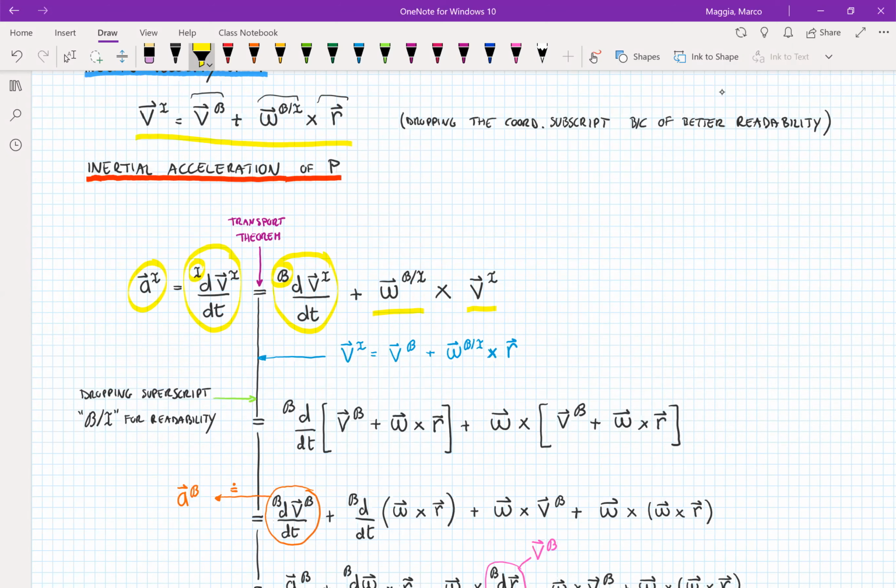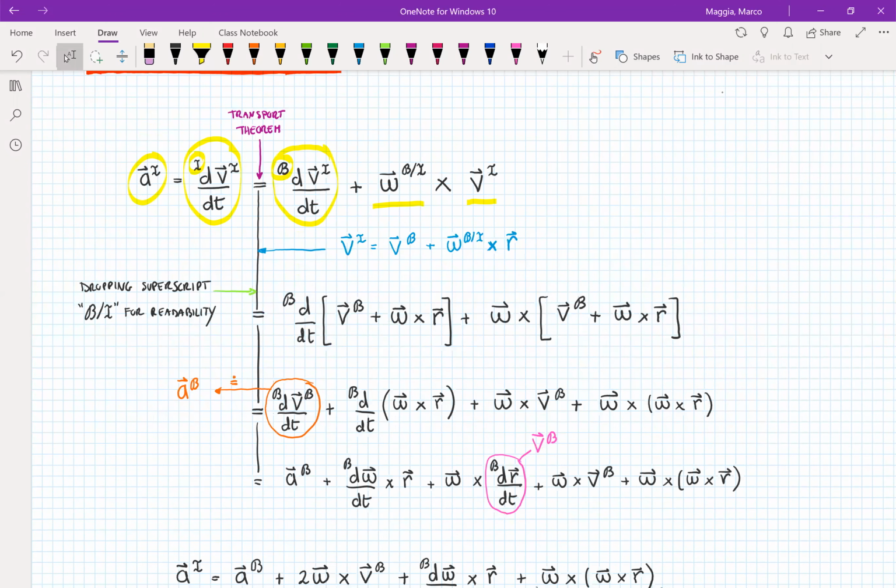Now in the next step, I'm going to substitute the expression for the inertial velocity vector as a function of the non-inertial velocity VB, the angular velocity, and the position vector once again. So now we have the time derivative with respect to B of VB plus omega cross product R, plus omega cross product.